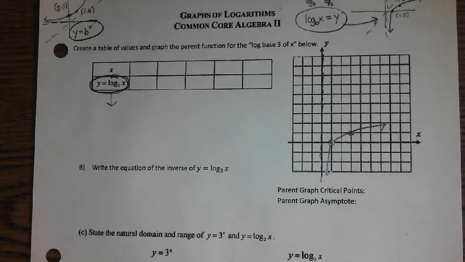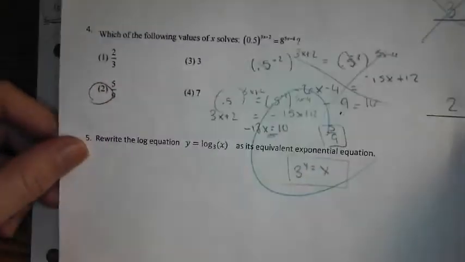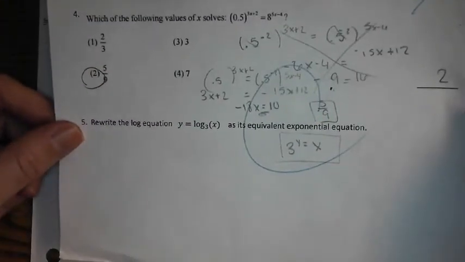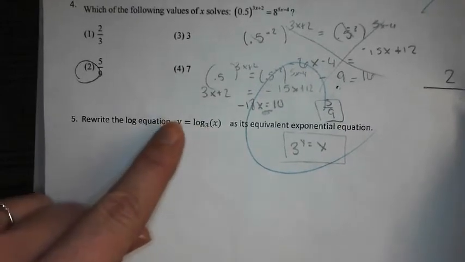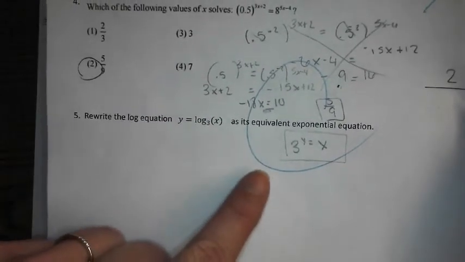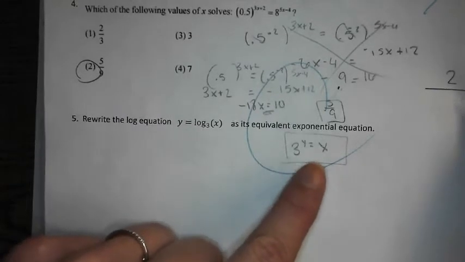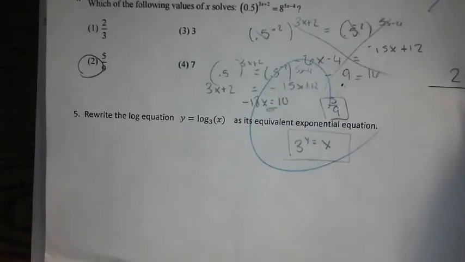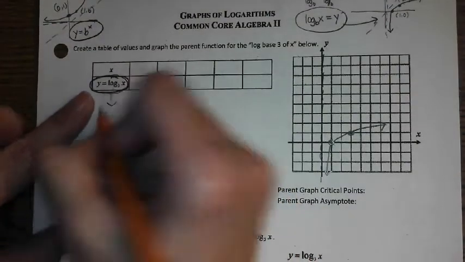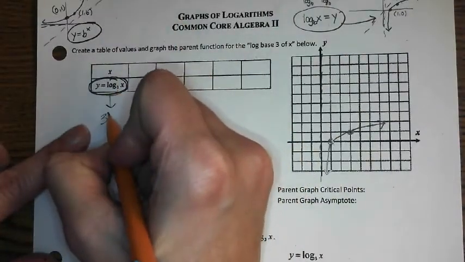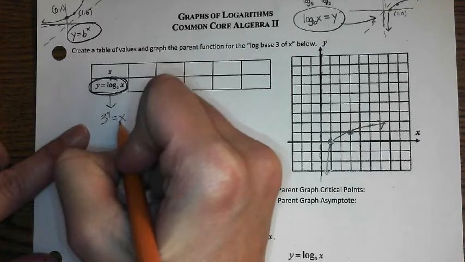What's the translation? I'll tell you what, it was the last question on the quiz corrections you just handed in. It's the base of 3 raised to the other side, y equals x. That's the exponential equation equivalent to that log equation.